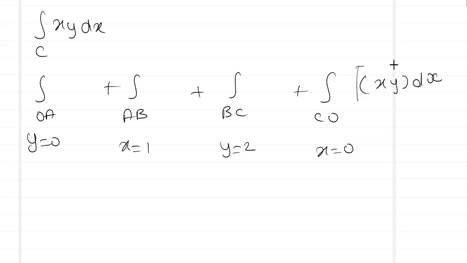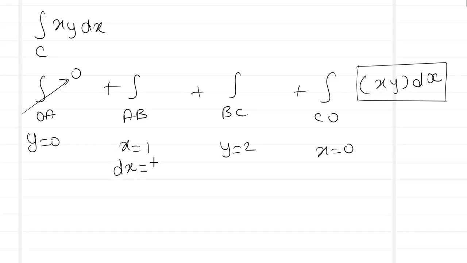This is the function I am going to evaluate. y equal to 0: substitute y equal to 0 over here. What will happen to the function? The function will entirely vanish and this integration will become 0. The next equation: x equal to 1. Put x equal to 1 over here. I have y dx. When x is equal to 1, what can you say about dx?